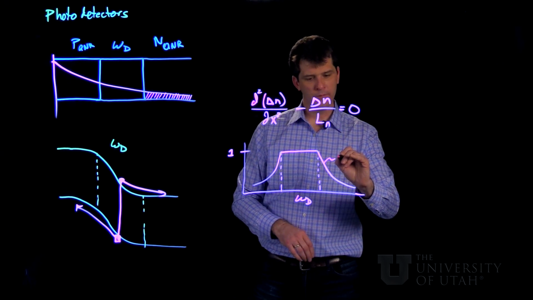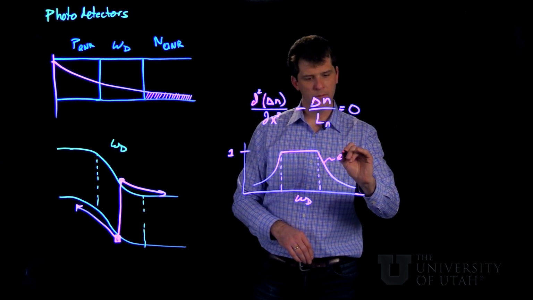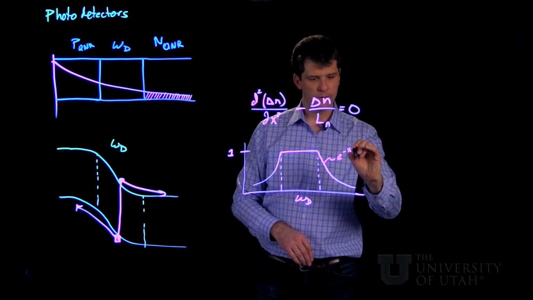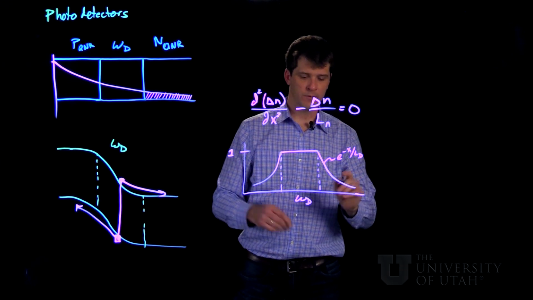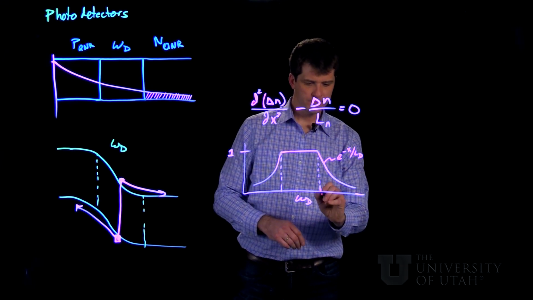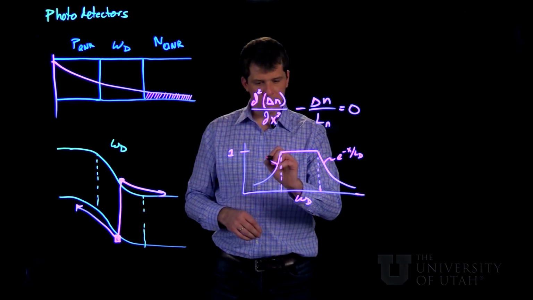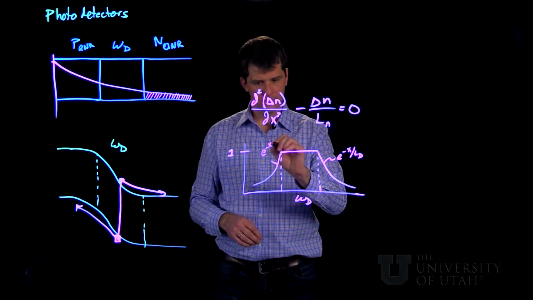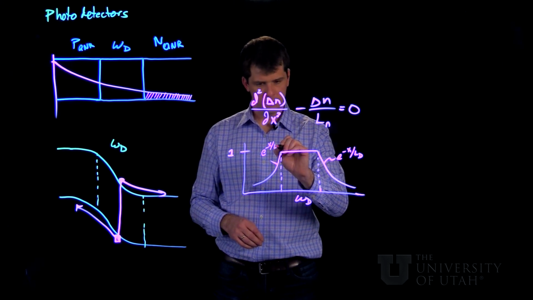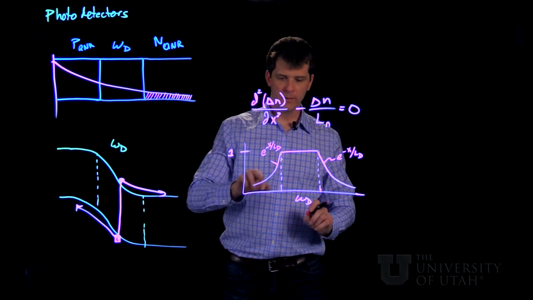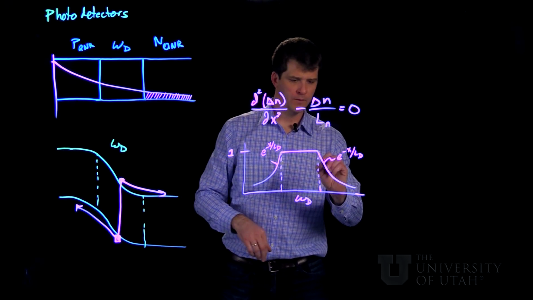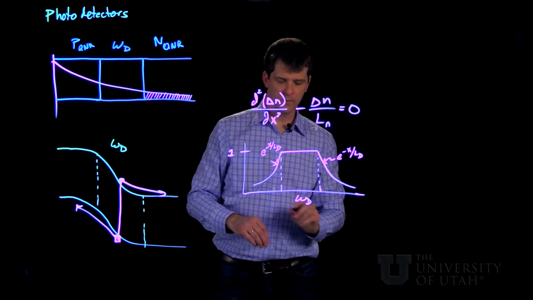And these will decay from 1 as e to the minus distance, let's call that x, over the minority carrier diffusion length in that region. So similarly over here, for the electrons in the p-type quasi-neutral region and the holes in the n-type one.